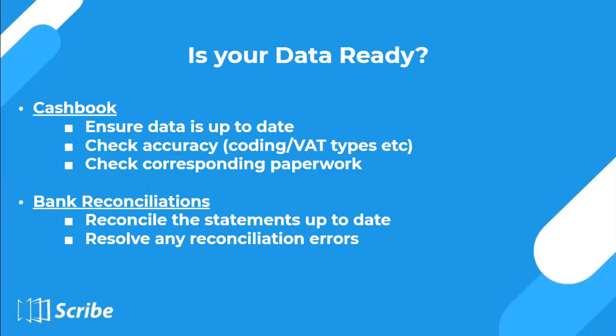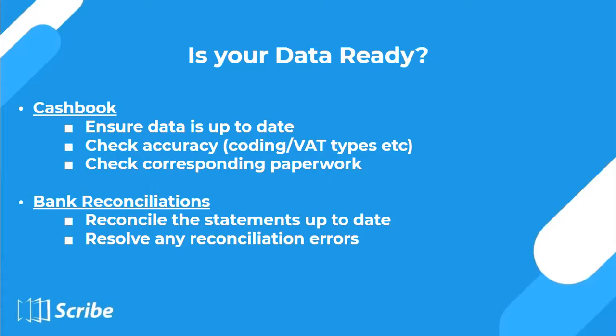Once your data is up to date, you can consider your bank reconciliations. Again, if these are not up to date, then setting some time aside to do this will limit the amount of work required later that you may find bottlenecks at the year-end point. So for any statements that you have copies for now that you haven't yet reconciled to the cash book, do so. We recommend that you reconcile on a monthly basis, ideally up to the month-end date.